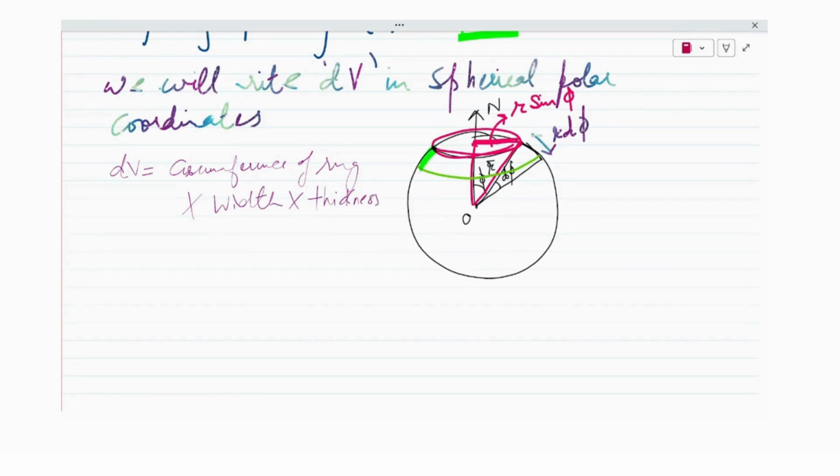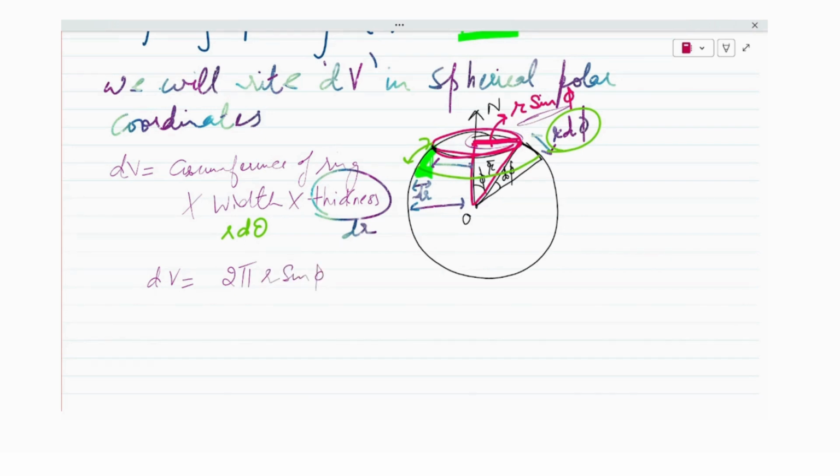As I already told you, there is a change in the radius, that is r is changing, so there will be a thickness of the annular ring, which we take as dr, and the width is r d phi. So dV will be 2 pi r sin phi. Sorry, I mistakenly wrote it d theta, it should be d phi. And then putting the values, we'll get the expression 2 pi r square sin phi dr d phi.